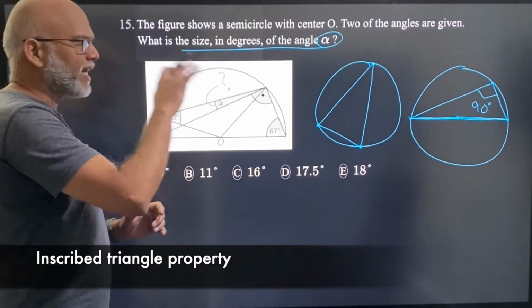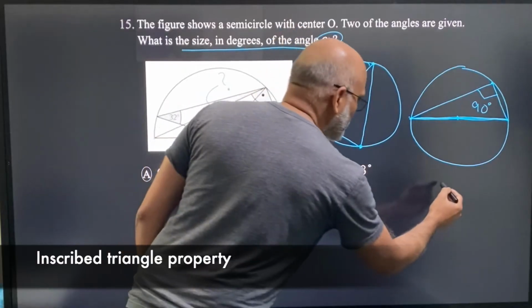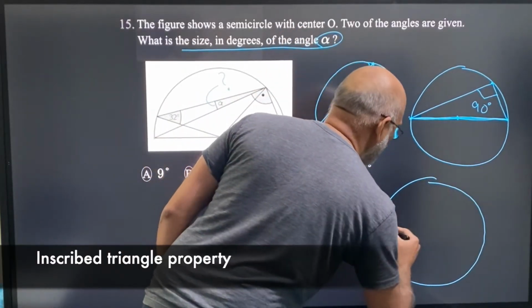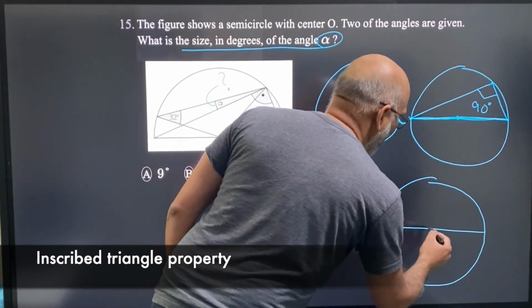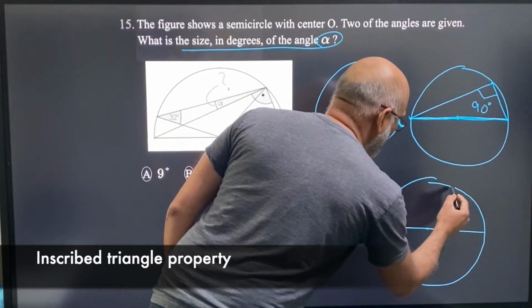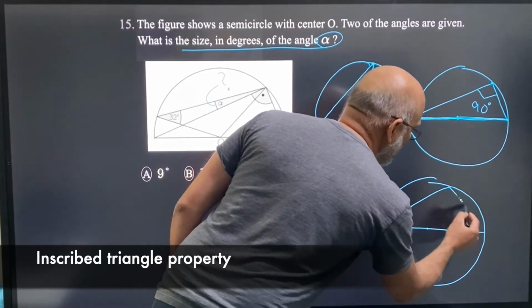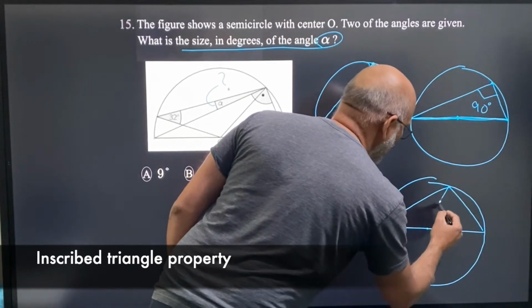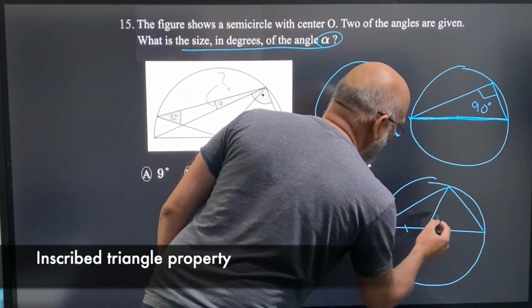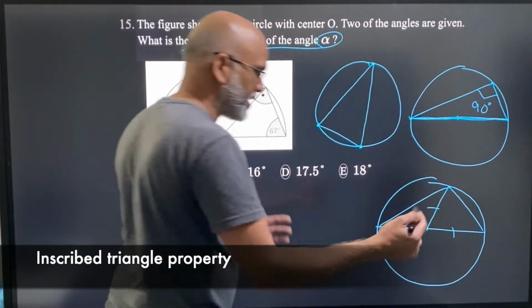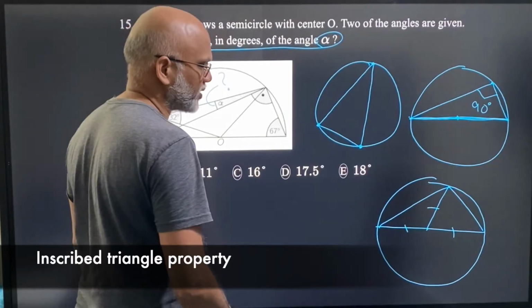If you don't remember that, let me just give a quick proof. So let me draw it again. So this is the diameter, and let me draw the inscribed triangle like this. I'll join this here. This side is the same as this side, is the same as this side, because they are all the radius of the circle.